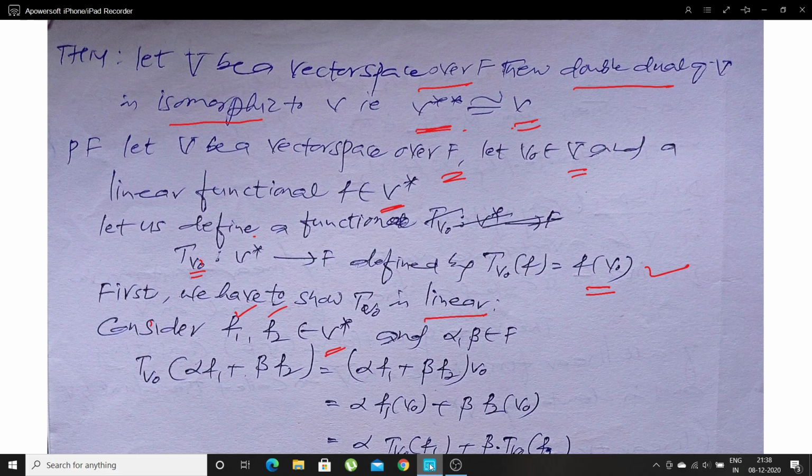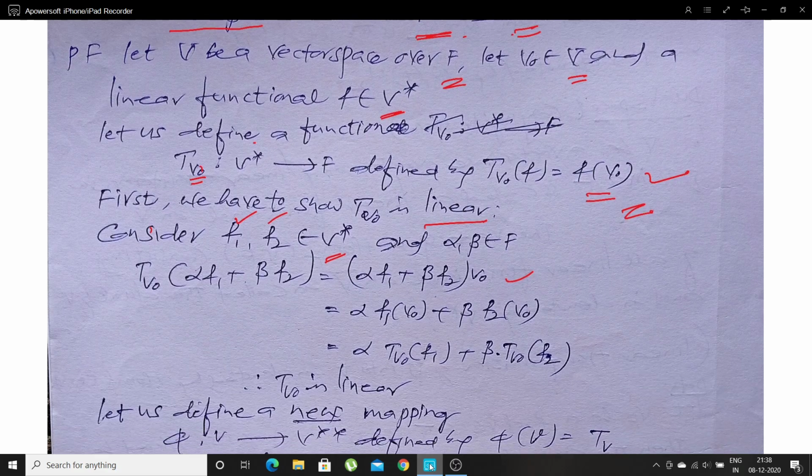Let me take the linearity condition. T V naught of alpha f1 plus beta f2 can be written, using the condition, as alpha f1 plus beta f2 of V naught. Rearranging, this can be written as alpha times f1 of V naught plus beta times f2 of V naught.